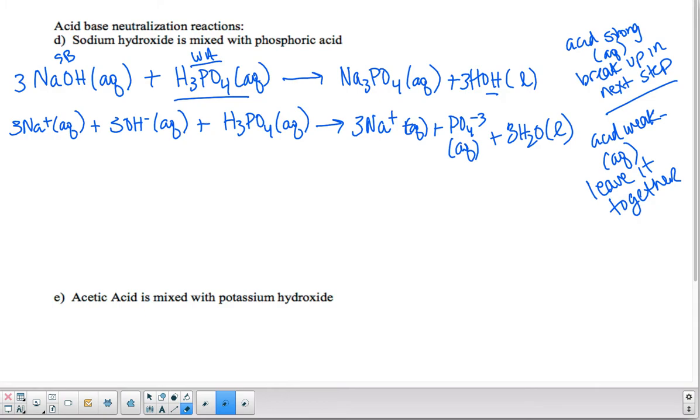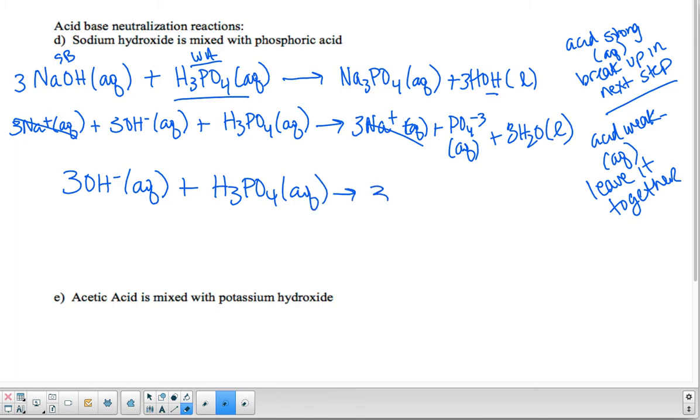So what are my spectators this time? It's only sodium ions. So those go. So my final net ionic is 3 hydroxide ions, aqueous, plus H3PO4 aqueous gives us, I skipped the phosphate, 3 waters plus a phosphate, aqueous.